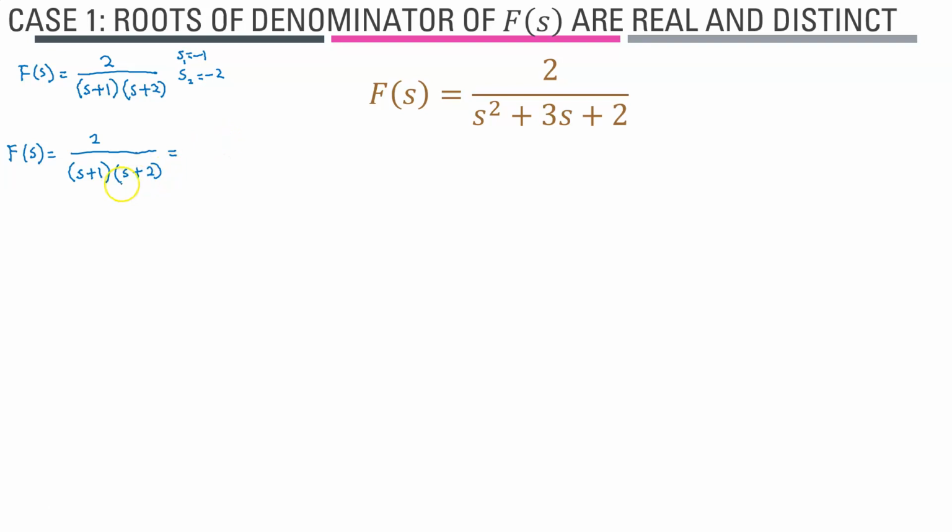Since you have 2 distinct roots, you will have k1 over s plus 1 plus k2 over s plus 2. What I usually do is multiply k1 with s plus 2 and k2 with s plus 1, so that the denominator is equal to this.